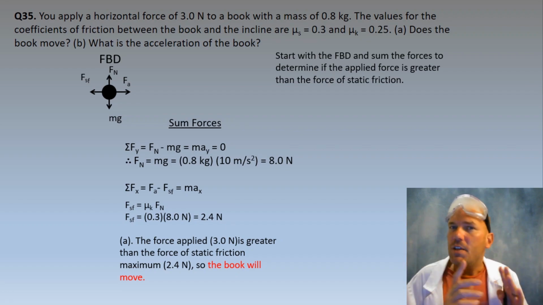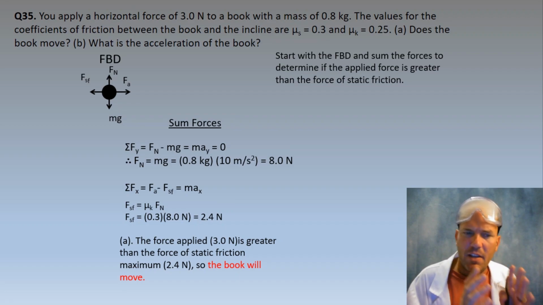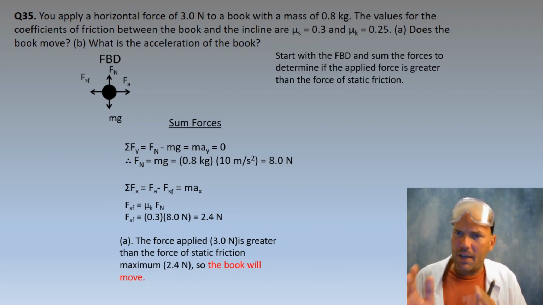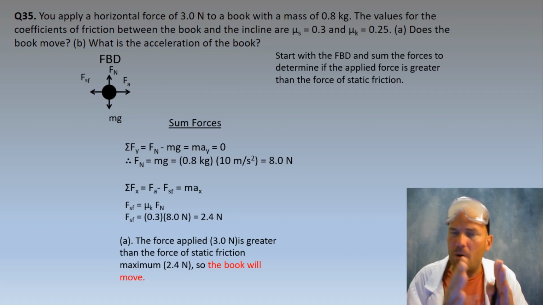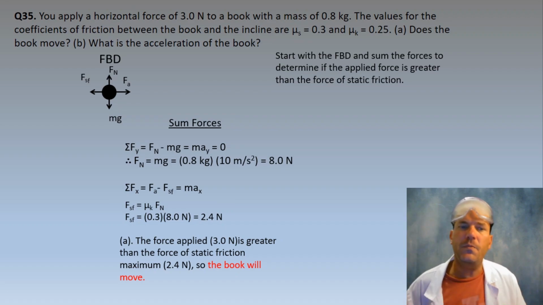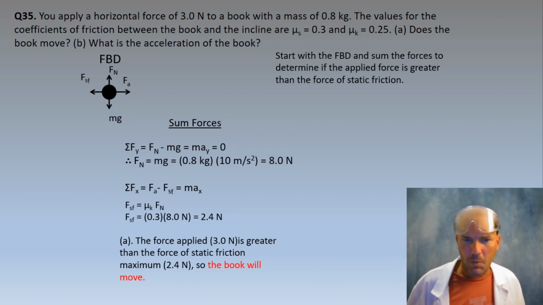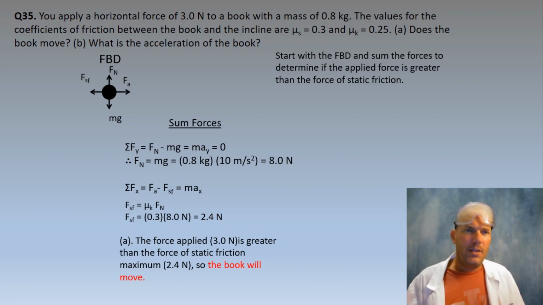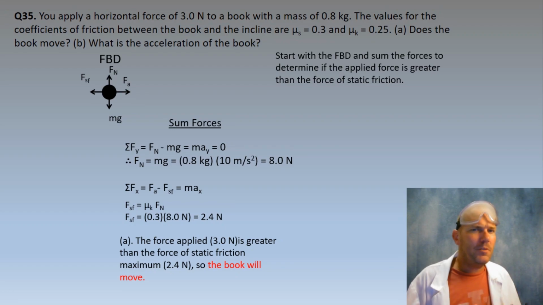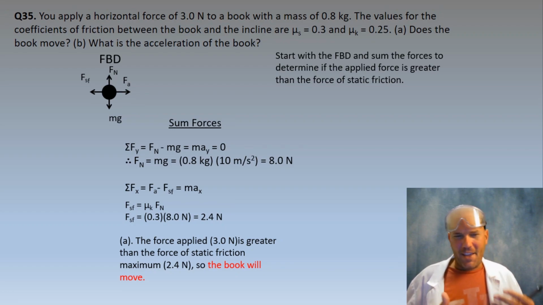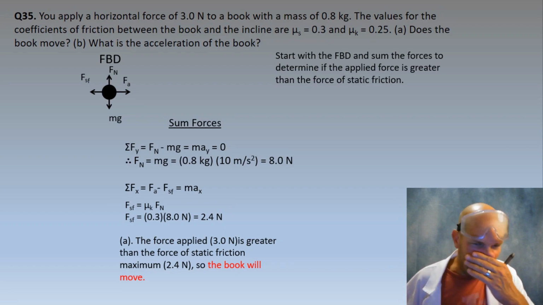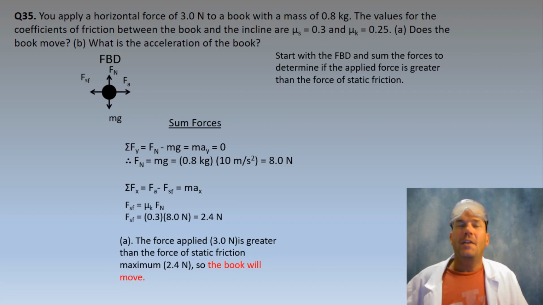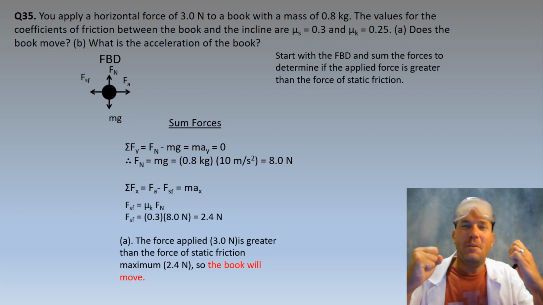Be careful, use static friction in your equation and not kinetic. So 0.3 multiplied by that 8 newton force, that is normal force, gives us 2.4 newtons. The force applied was 3 newtons to the right, and the max static friction here is 2.4. So the book will move.